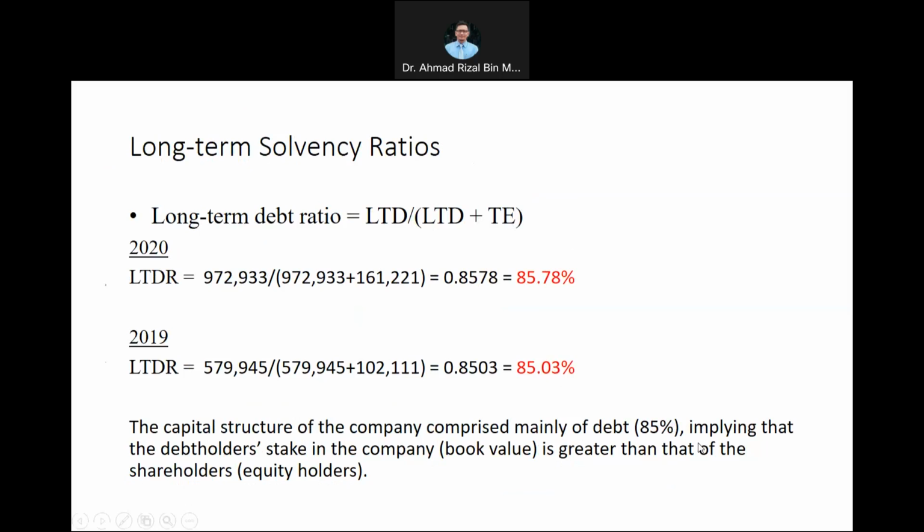So in this case, the debt holders' stake in the company, using the book value measure, yeah, because the total equity here is based on book value, not the market value just yet. Okay. So in this case, the debt holders' stake is greater than that of the equity holders or the shareholders. Okay. It depends on companies and industry or sectors.